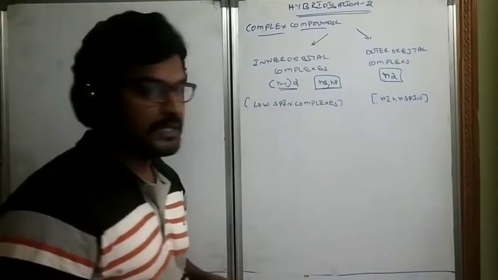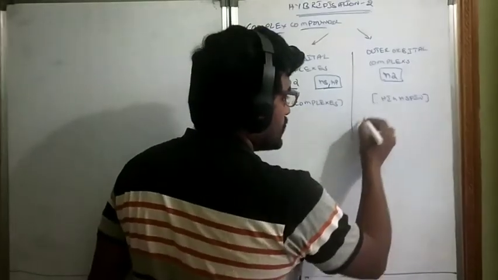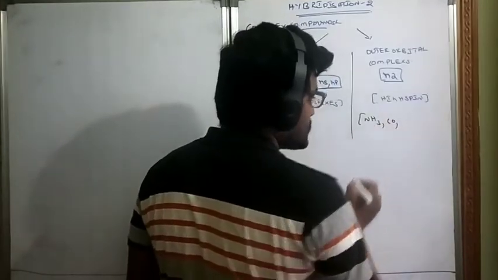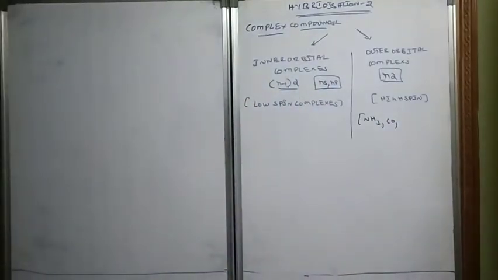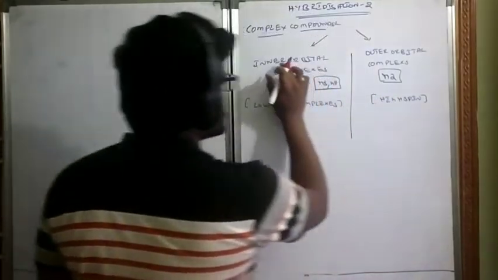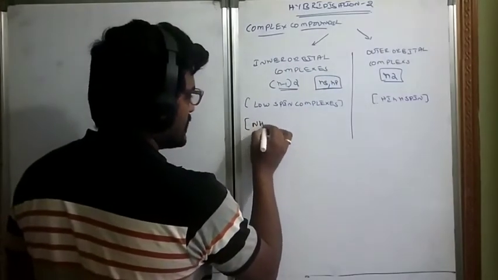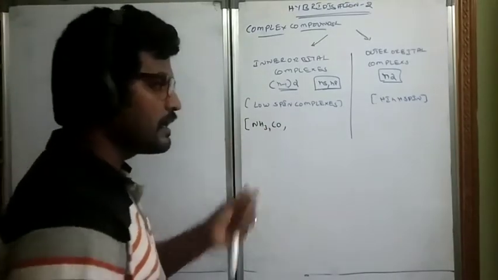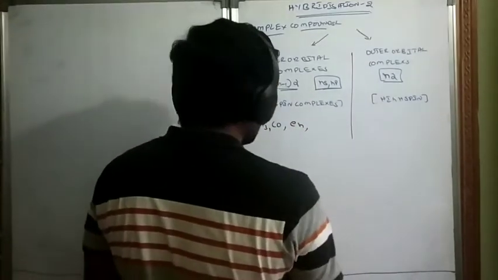High spin complexes. Mostly outer orbital complexes will be favored when the ligand is weak. Inner orbital complexes will be obtained when the ligands we are having are ammonia, carbon monoxide, ethylene diamine.